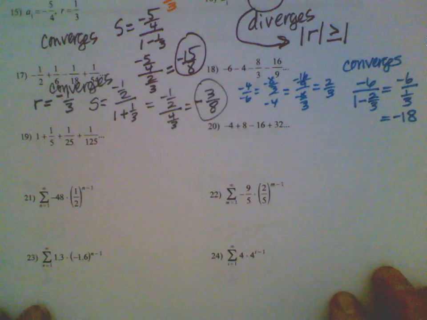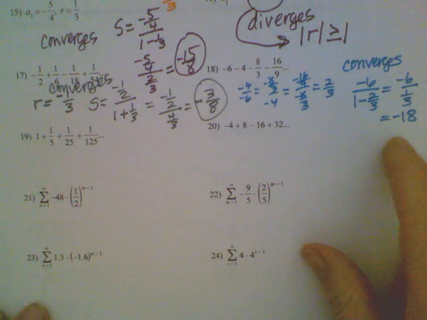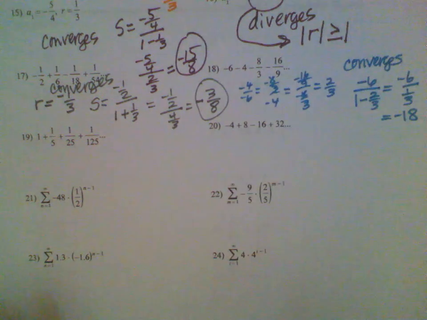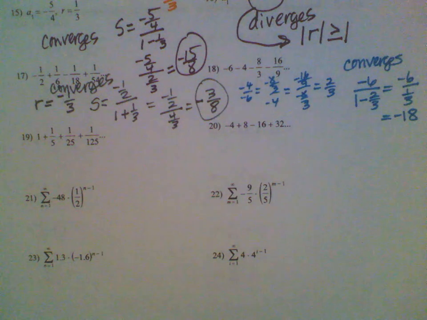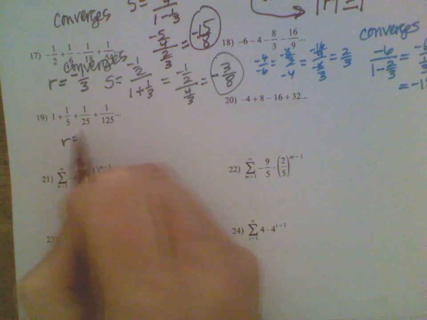So this series converges to negative 18. What I'm saying is, if I could continue this series infinitely and add the terms all together, they would add up to negative 18, or they would approach negative 18. So let's keep moving. Number 19. Looks geometric to me. Looks like r is 1/5.